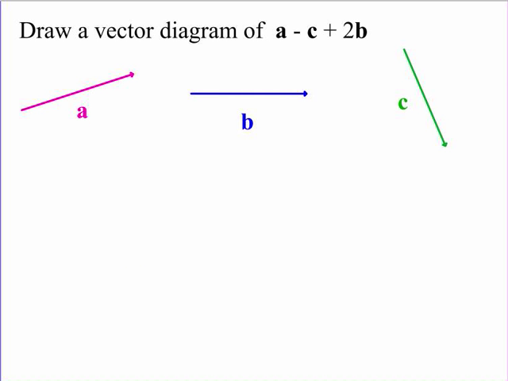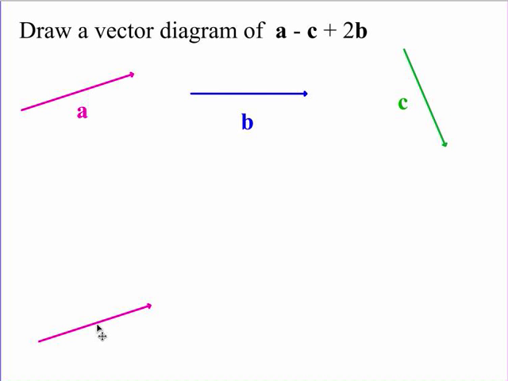A minus c plus 2b. Okay, so this is actually going to be more than two vectors. A minus C plus 2B. So first of all, I start with A. Okay.